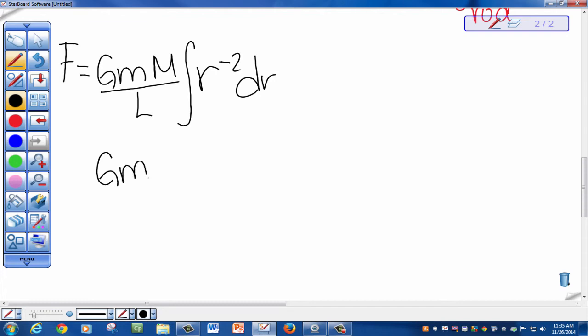So we get G m, big M divided by L, times negative r to the negative first power.